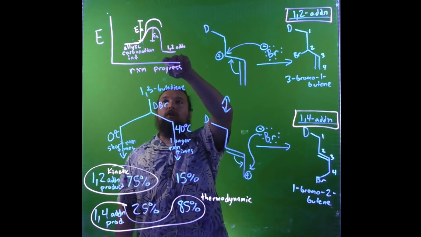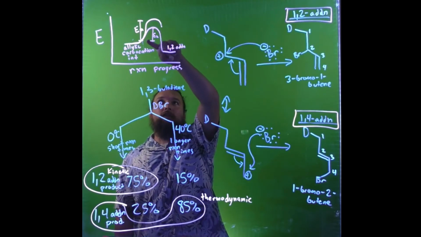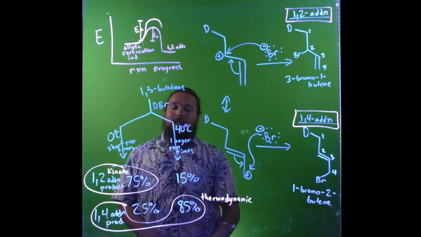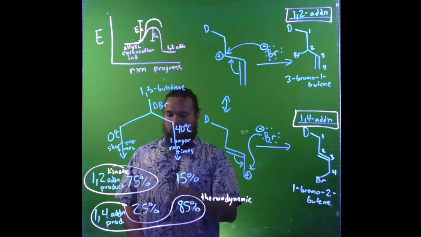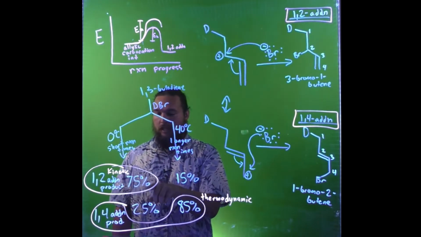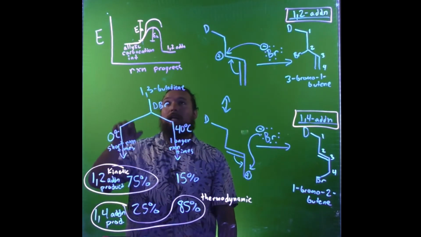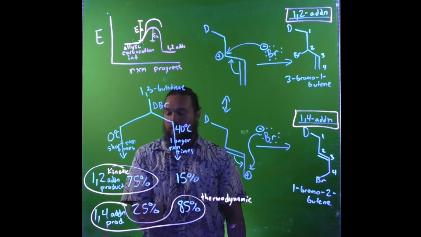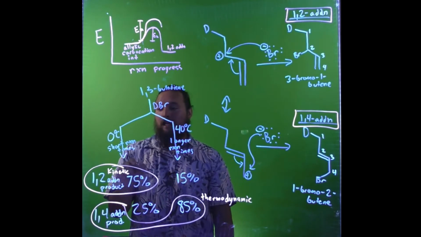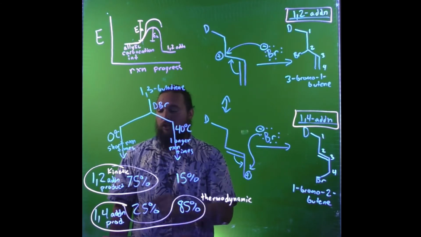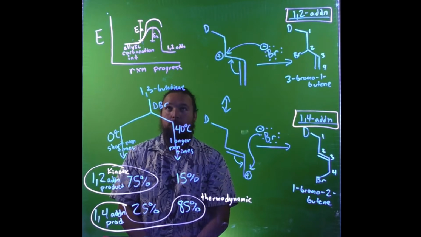So as the reaction goes, it takes the lower activation energy, and it gives us our 1,2 addition product in a 75% to 25% ratio, as we can see here. So we get a lot more of the kinetic product. We still get some of the 1,4 addition product, even under kinetic conditions, but in general, we see about a 3-to-1 ratio of the 1,2 product to 1,4.